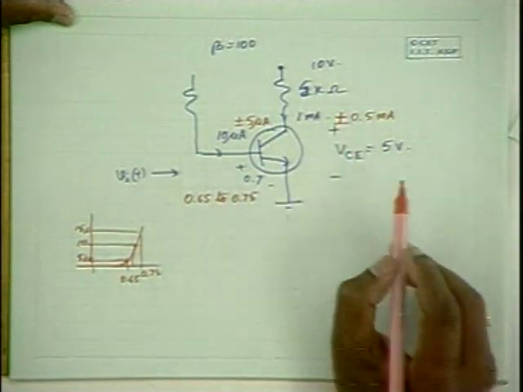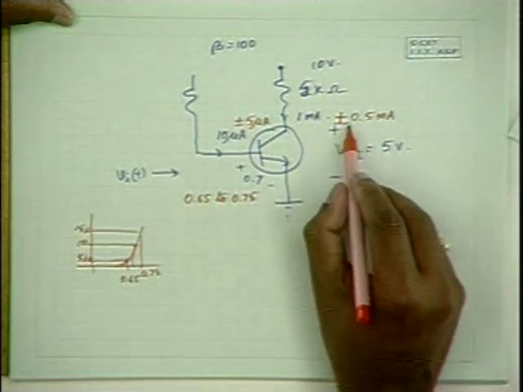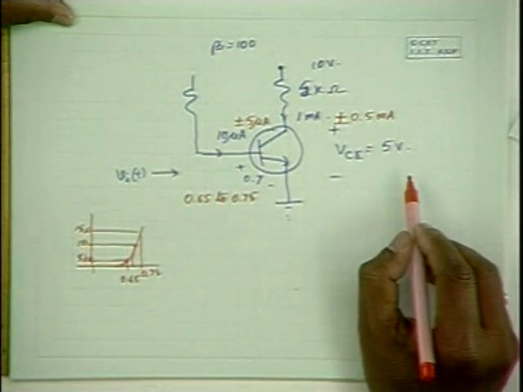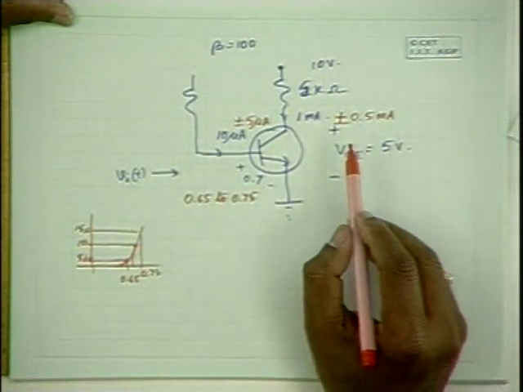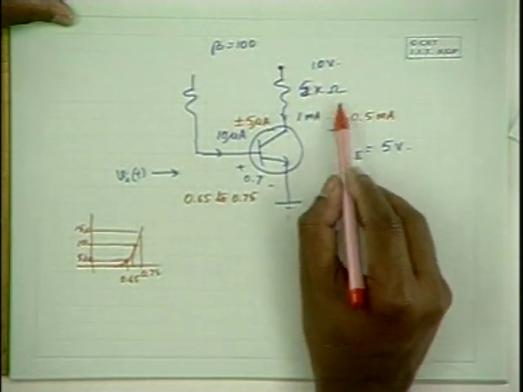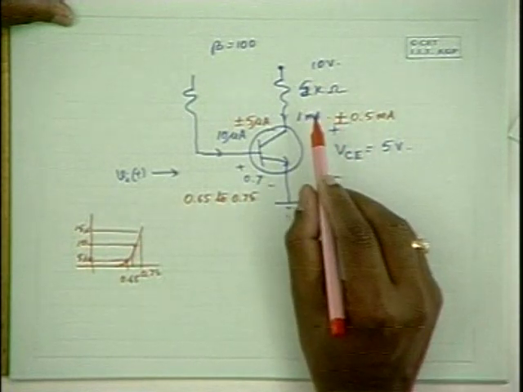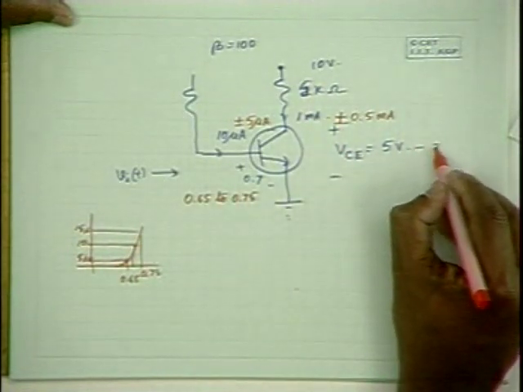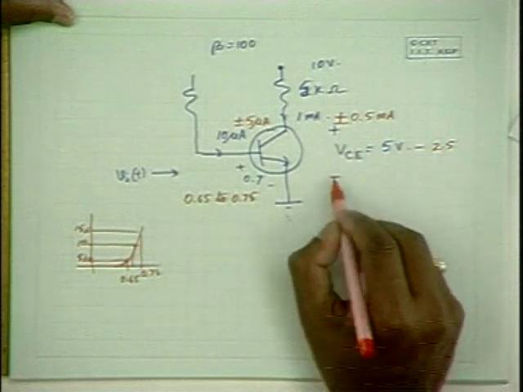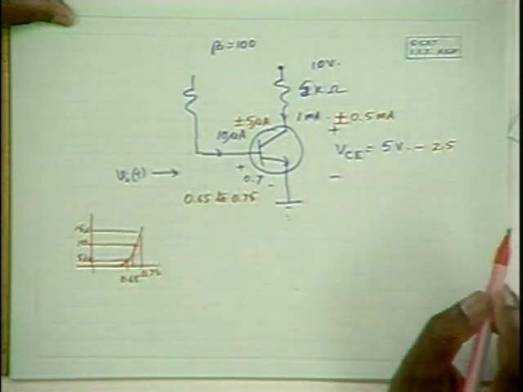When the collector current is 1.5 milliamperes, what about VCE? VCE is going to be 10 minus 5 into 1.5, 10 minus 7.5. So it is 5 volts minus 2.5, it is only 2.5 volts.